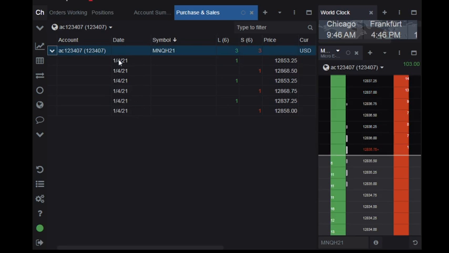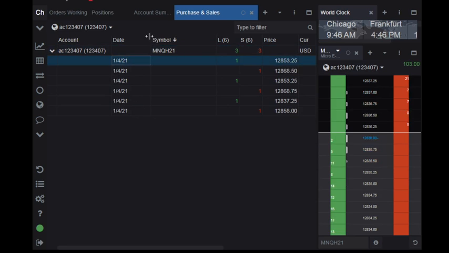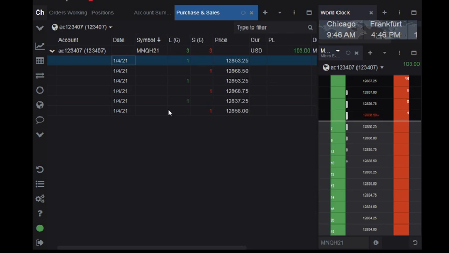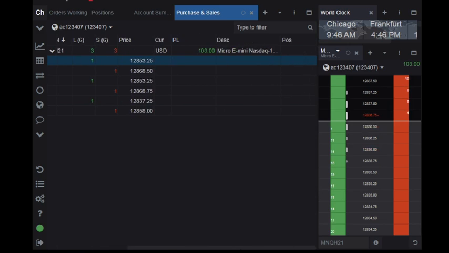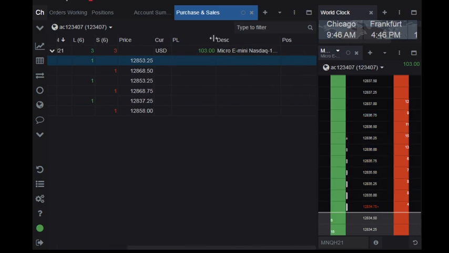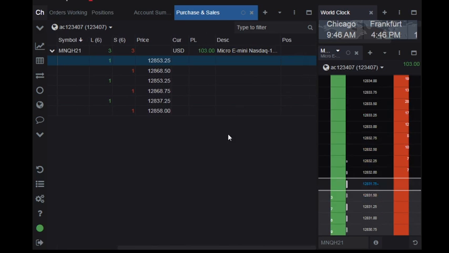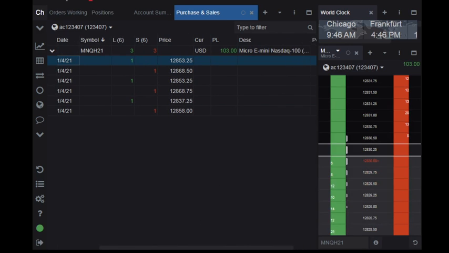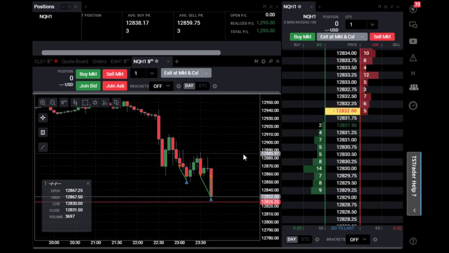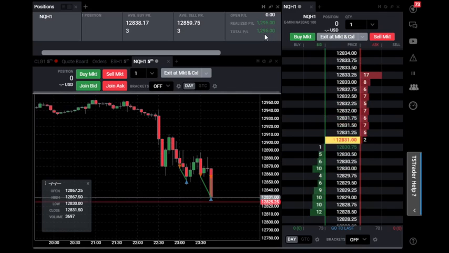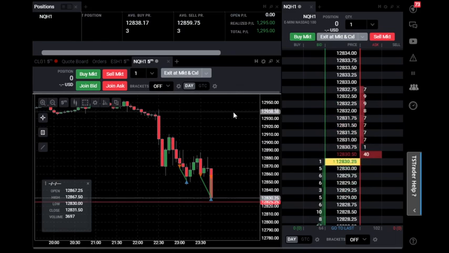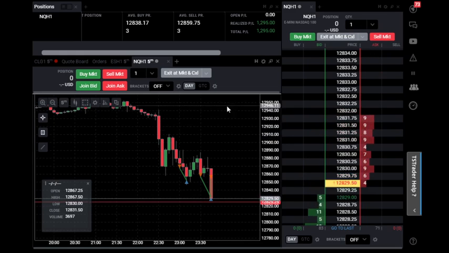Today is the 4th of January 2021, and we still haven't received any signal from mini S&P futures 500. So $103 from the micro Nasdaq 100, and from the TopStep account $1,295. So it was a good trade for the first day.